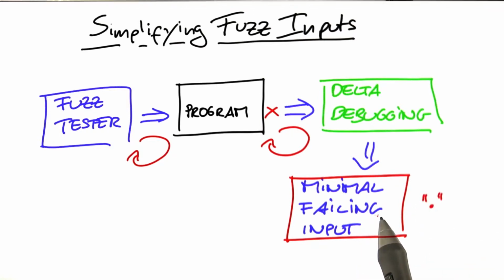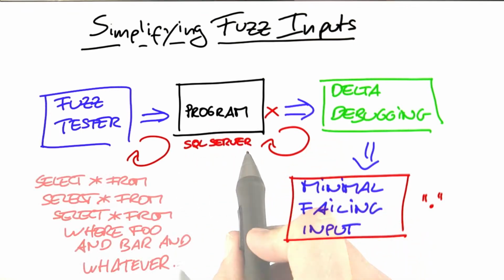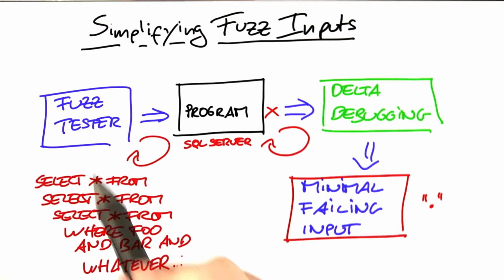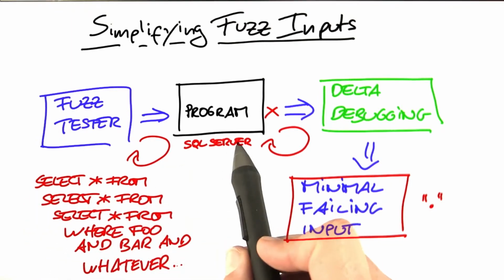Such minimal failing inputs are very important as it comes to convincing other people to fix a bug. Suppose the program you're testing is a huge SQL server, and suppose you use a fuzz tester to generate extremely long and complex SQL queries that you send to the SQL server.